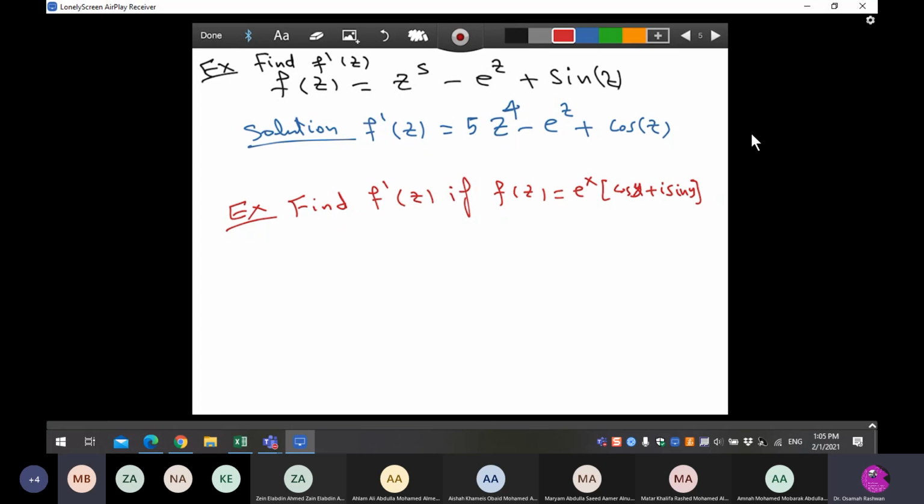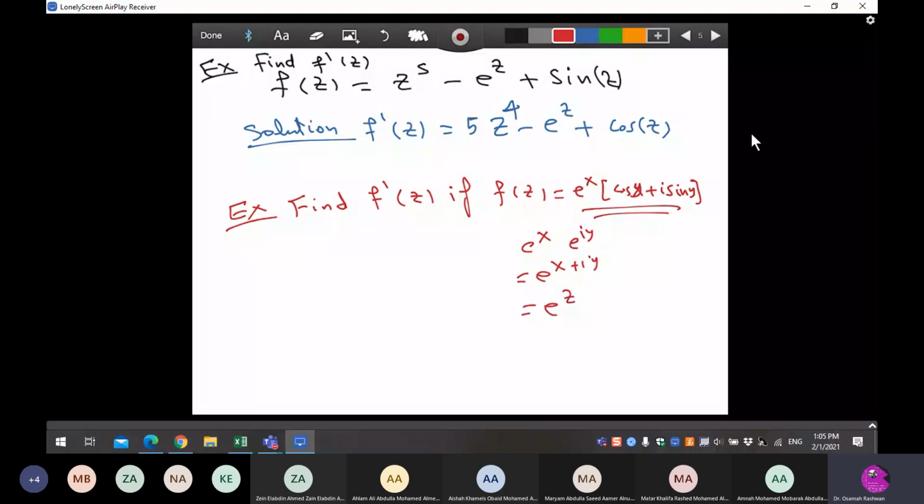I cannot do this directly, but I know this is e to the x times e to the iy, which is e to the x plus iy, which is e to the z.